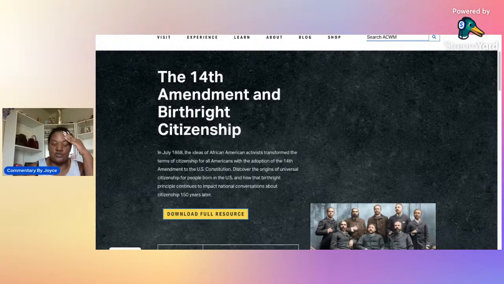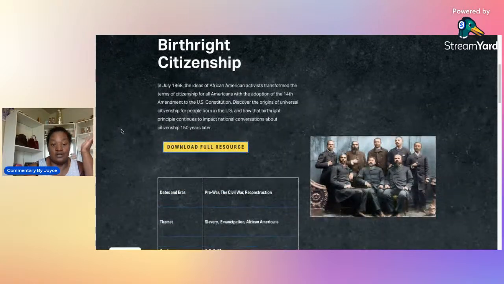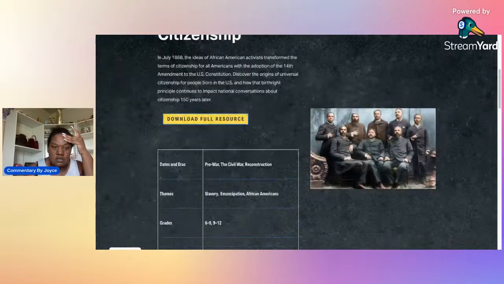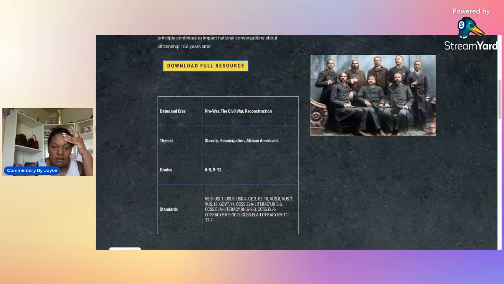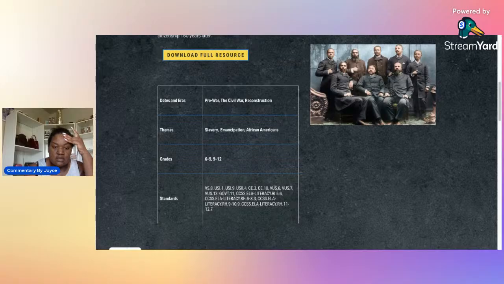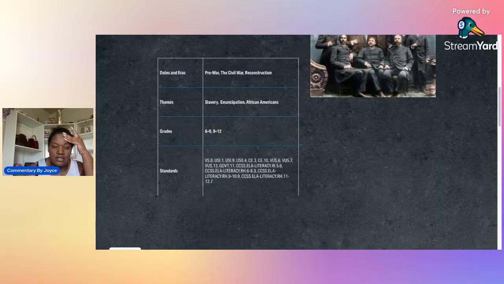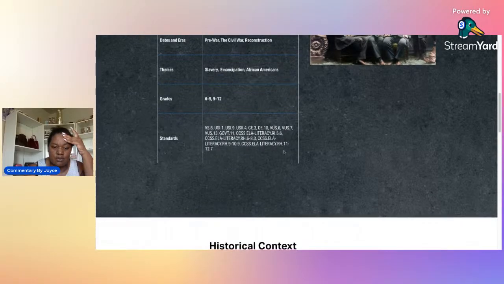Discover the origins of universal citizenship for people born in the U.S. and how that birthright principle continues to impact national conversations about citizenship over 150 years later. The dates are pre-war, the Civil War, Reconstruction. The themes are slavery, emancipation, and African Americans. Grades 6 through 9, 9 through 12, standards, all that legal mumbo jumbo right there.